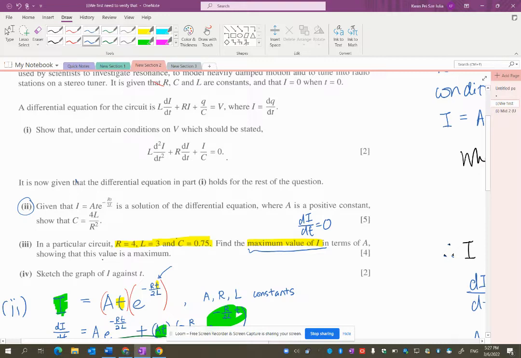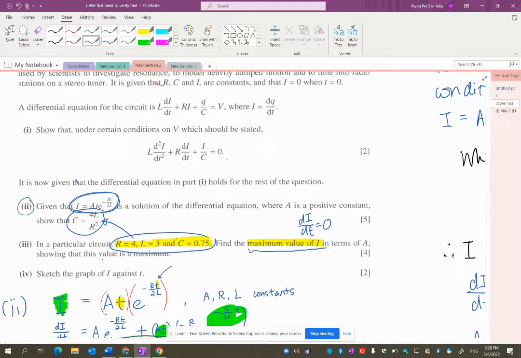But before you even use part 2, take note that you need to verify that this value satisfies this equation before you can use the working in part 2, all right? Because only when it's satisfied, then this will be a solution of the DE. Then everything will tie in nicely.